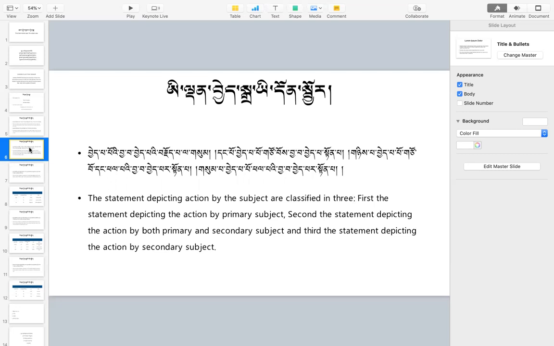Because even though the intention is with the primary, the action cannot be fulfilled without the secondary subject. In this particular statement, the action is fulfilled by the usage of the secondary subject. Because there could be an argument saying that if it is a very general statement, then we could have many different methods to fulfill this particular action.